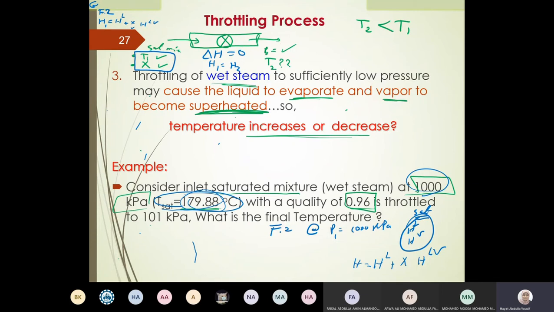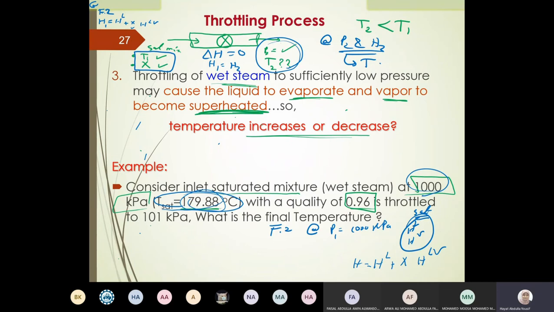Once you get H1 and you know the relationship between H1 and H2, the final state is well defined, because at P2 and H2 you can find the temperature, and you will notice that the temperature is less than T1. So that is conclusion number 3.